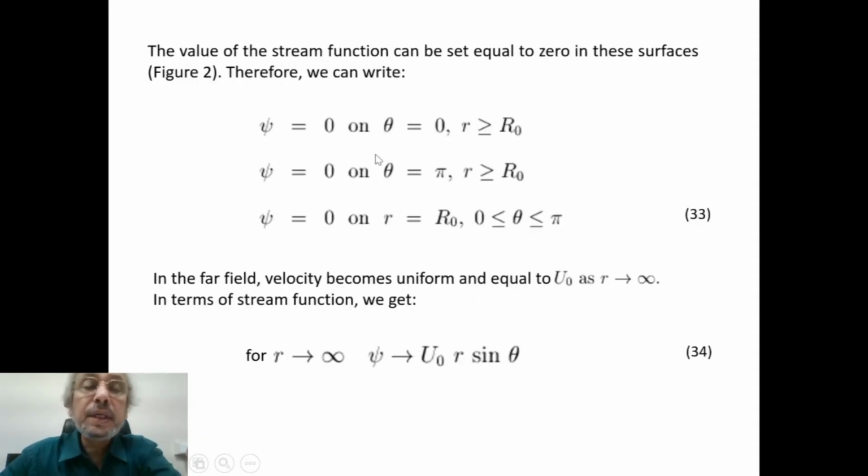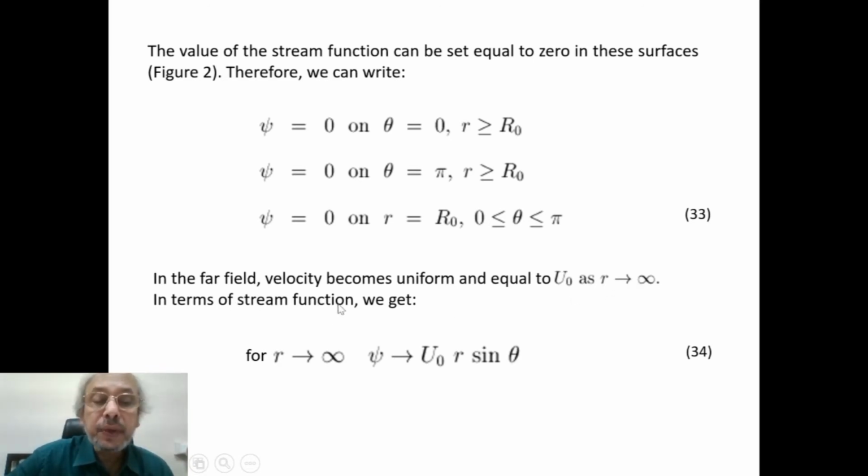So we have written that psi is 0 at theta equal to 0 when r is greater than or equal to r0, psi is 0 at theta equal to pi, and psi is 0 on r equal to r0. And the far field velocity becomes uniform and equal to u0 as r tends to infinity.